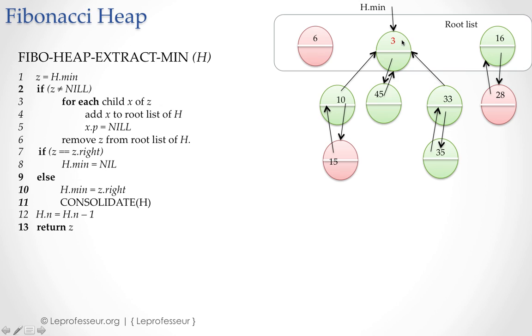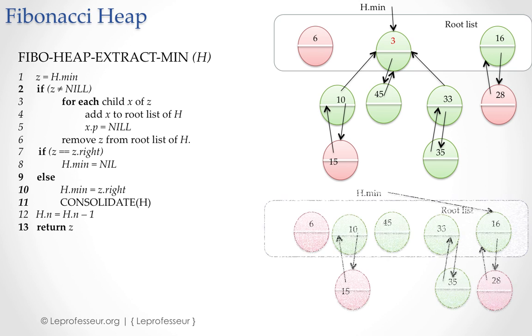But until we find that, for the time being, we assign H.min to z.right, and that resultant tree we want to consolidate. Fairly simple idea. Now the consolidate is a bit tricky operation. We will see how it works. It's not very complicated. You just follow these steps.